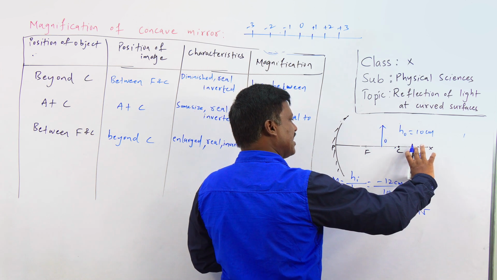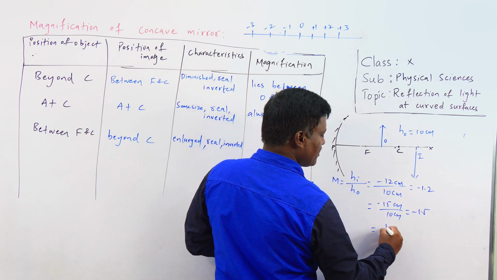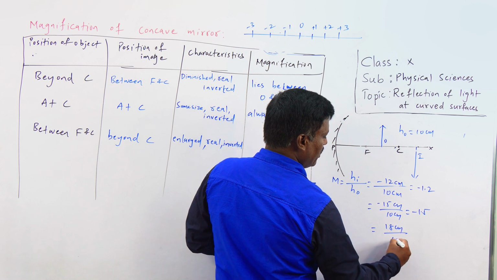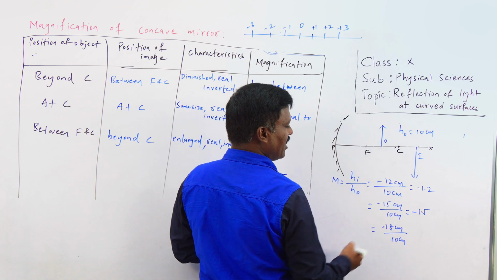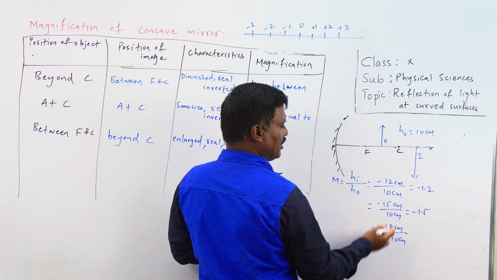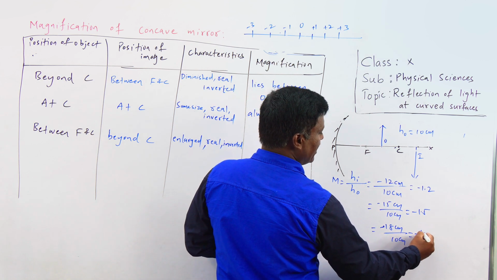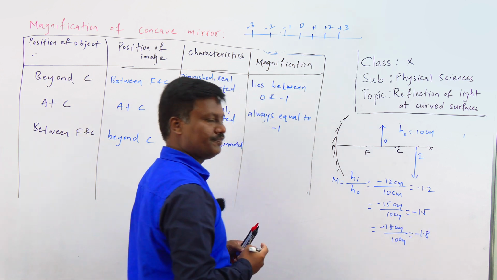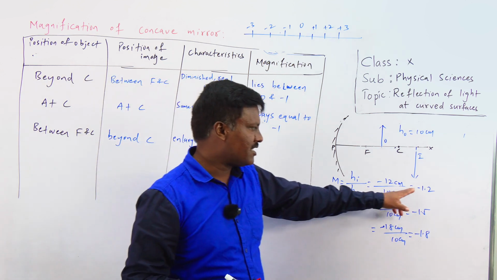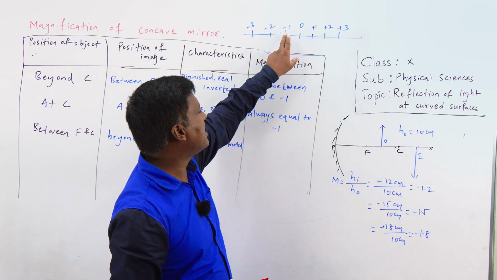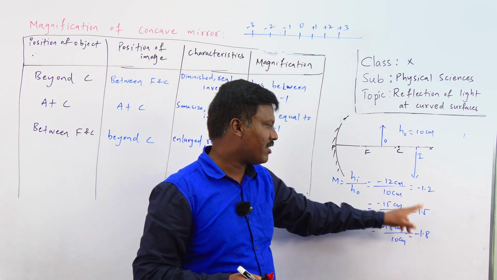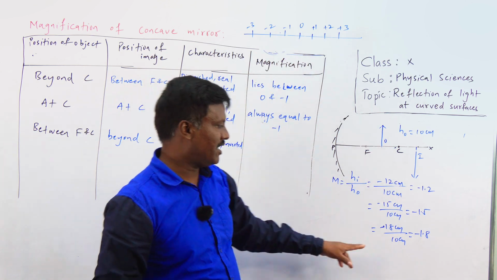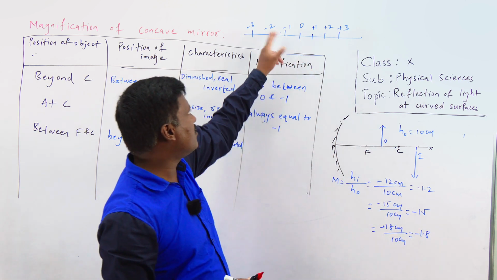If you take the height of the image as 18 centimeters, height of the object is 10 centimeters, but according to sign convention this is negative, then minus 1.8. So where do all these numbers lie? Minus 1.2 is less than minus 1. Minus 1.5 also less than minus 1. Minus 1.8 also less than minus 1.